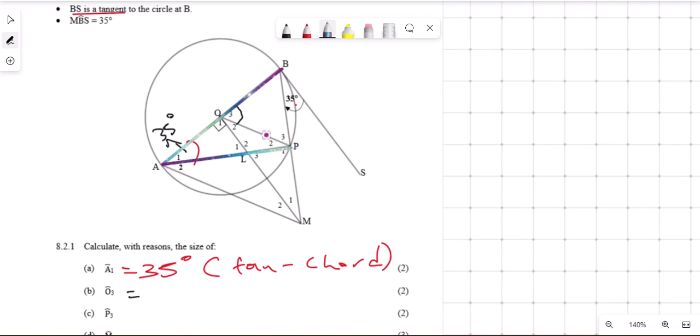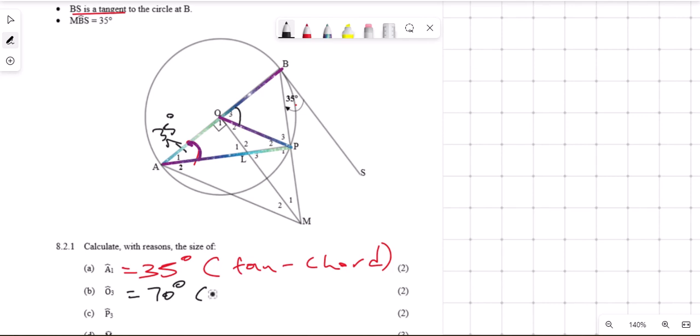Remember I said when they say center, so this angle and this angle. This one is 2 times this one, because this one is at the center. They are not equal. So O3 is equal to 70 degrees. What is the reason?